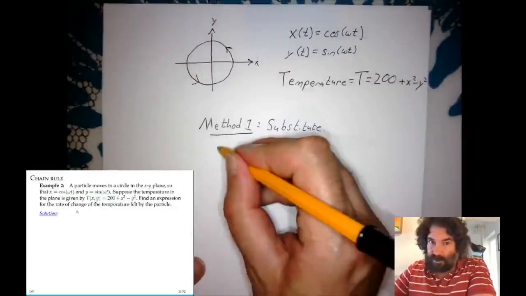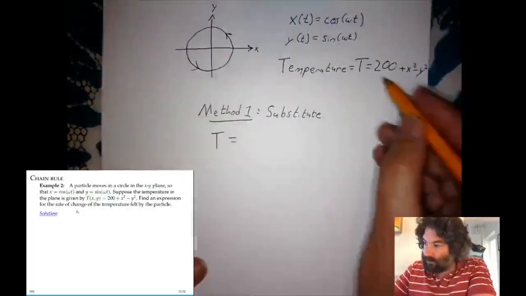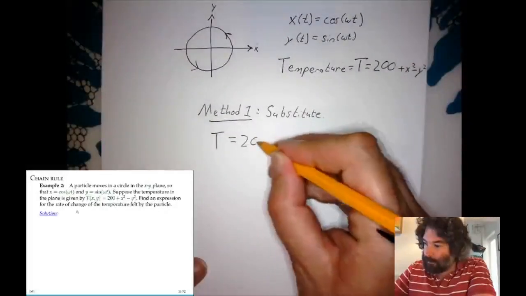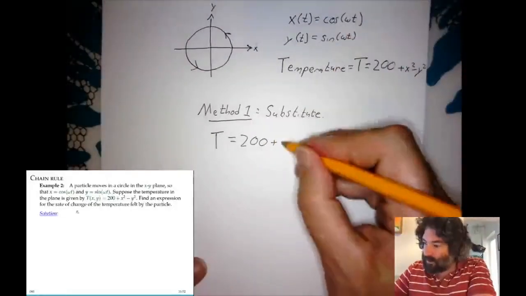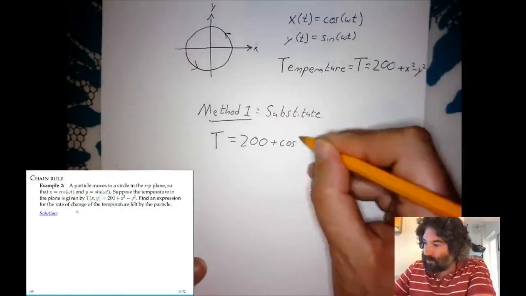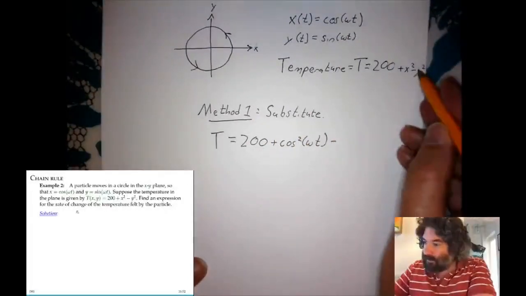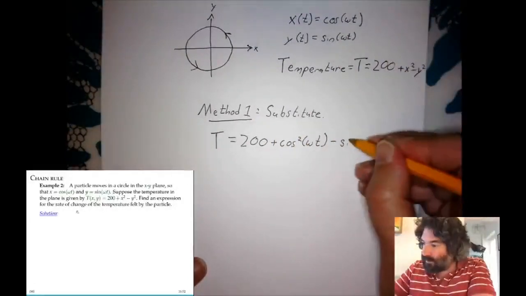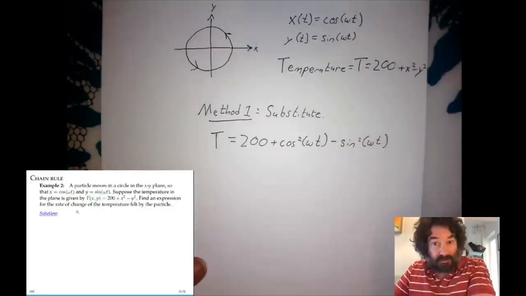So if we do that, we have that T equals 200 plus x squared, and x is cosine of omega t, so cosine squared of omega t, minus y squared, and y is sine omega t, sine squared of omega t.